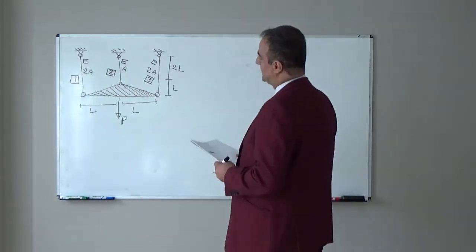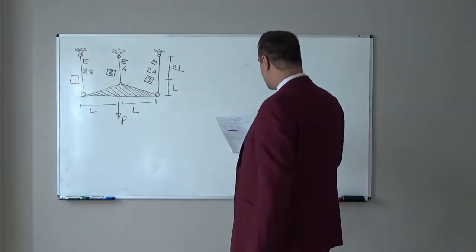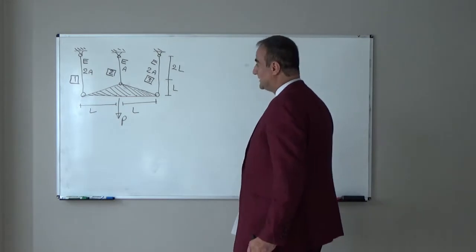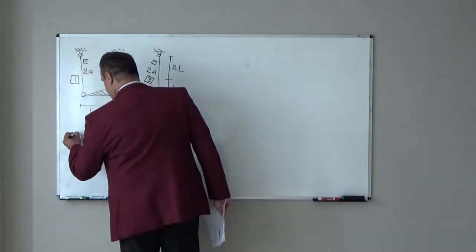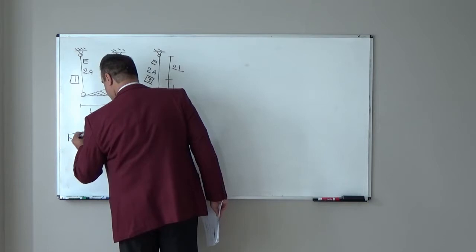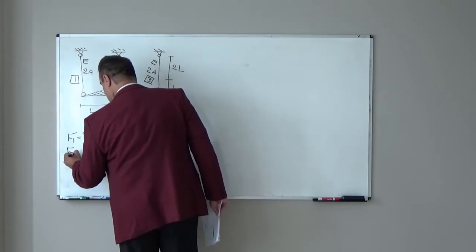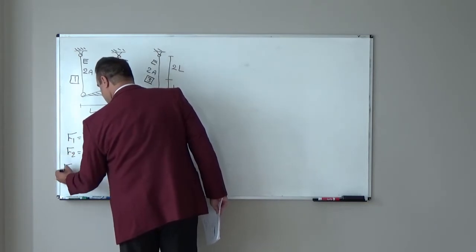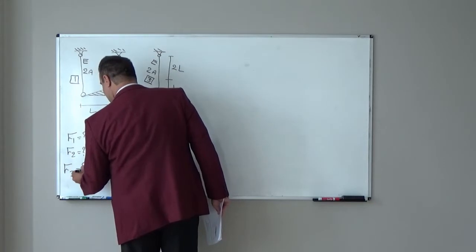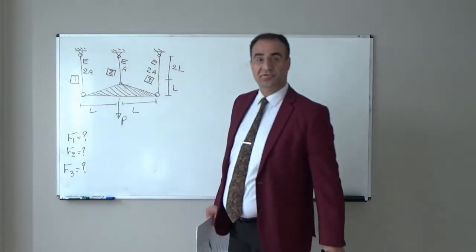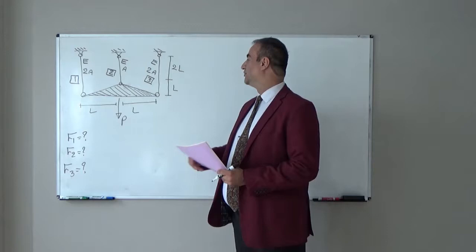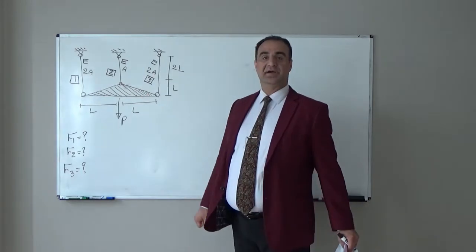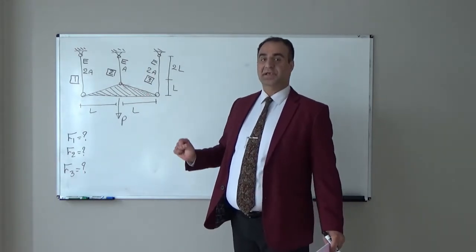So in that case, if I want to find internal forces in each rod, I want to find F1, F2, F3. In terms of P, the external load is a known value, but F1, F2, F3 are internal forces, they are unknown.